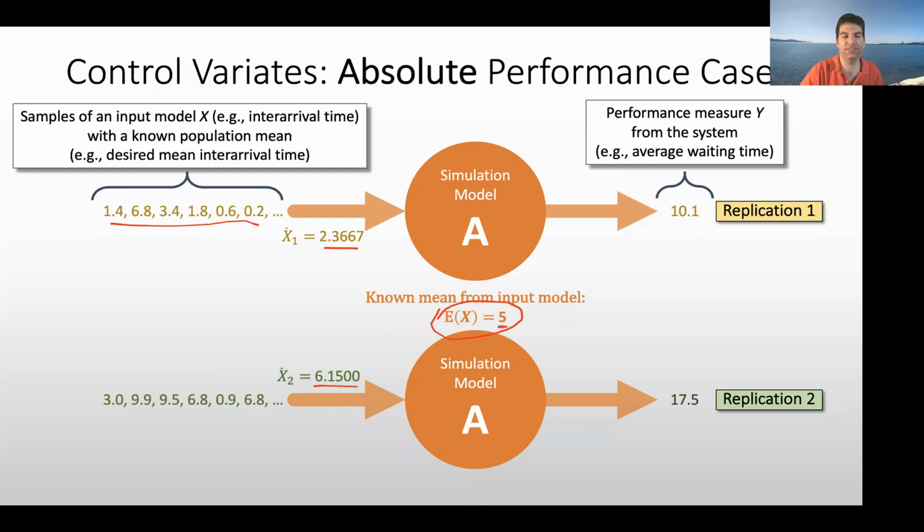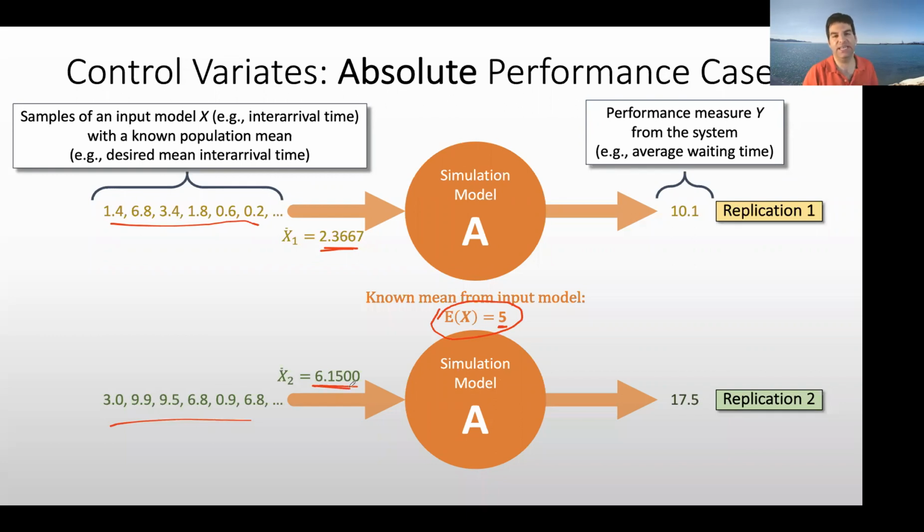So in other words, these replications are going to vary, but they're all going to vary around 5. I might have designed this system so that I have an average inter-arrival time of 5. But just by random chance, these 100 arrivals happen to have an inter-arrival time that was lower than average. And these down here happen to have an inter-arrival time that was greater than average.